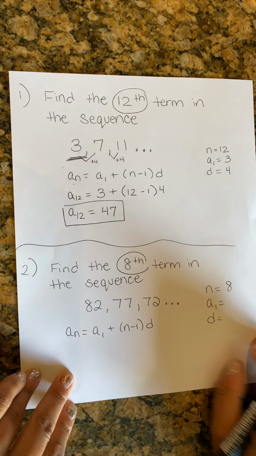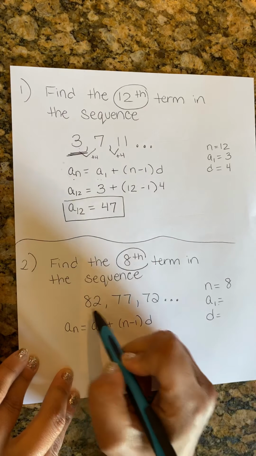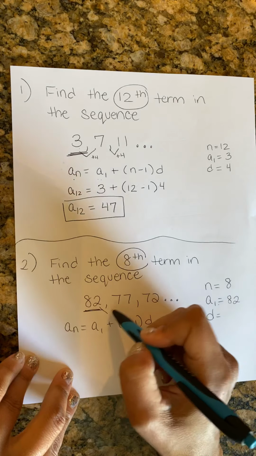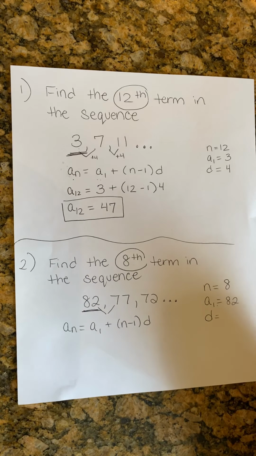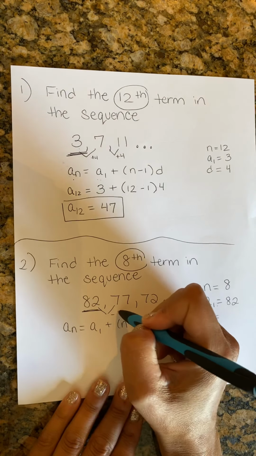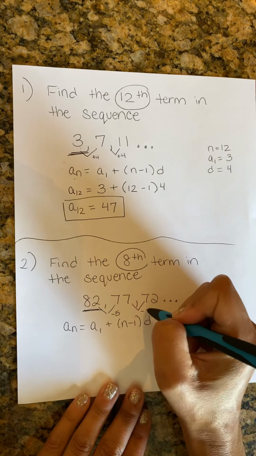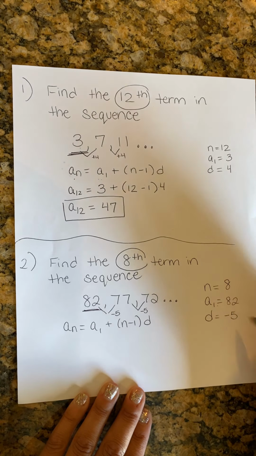You are looking for the 8th term. a_1 is right here, the first term, 82. And my common difference. Well, for 82 to 77, let's see, 82, 81, 80, 79, 78, 77. So minus 5. Always double check. So 77, 76, 75, 74, 73, 72, we are also minusing 5. So our common difference is negative 5.